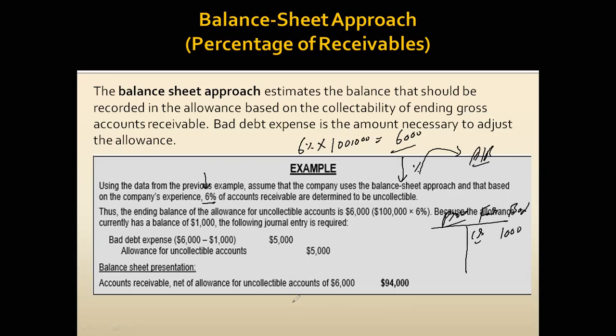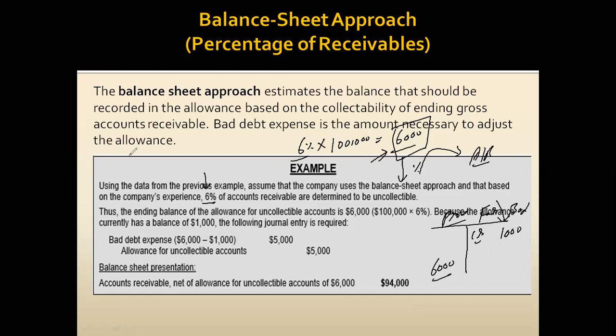As it's a balance sheet method, when we applied this percentage we got 6,000, meaning we need a closing balance of 6,000. 1,000 we already have. That's why we will create only 5,000 more.